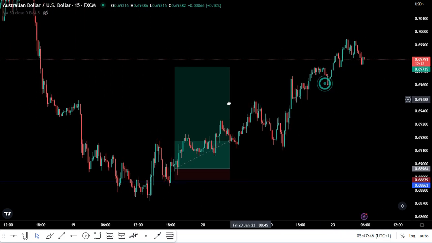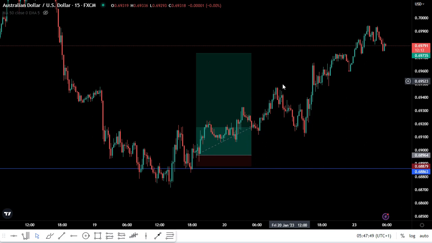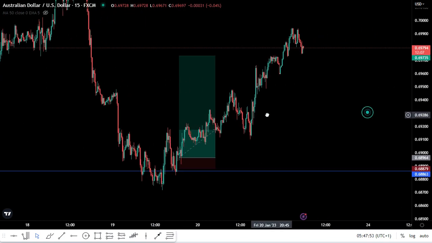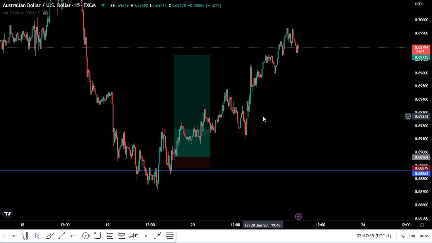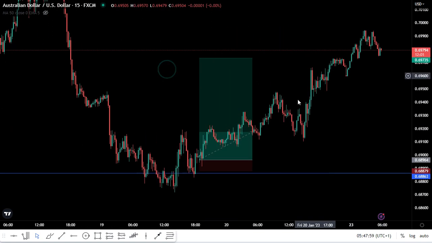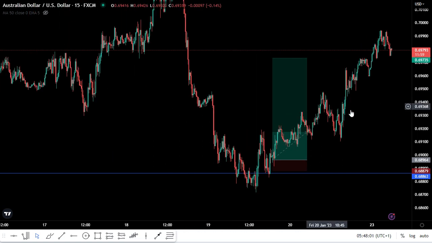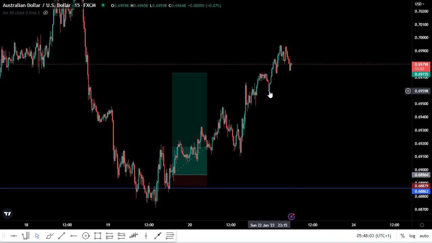So basically, in the previous video, the video just before this one, I shared this setup with you guys, and you can see the price plays out massively well, and is even still playing out, because I'm just seeing a retest after a pullback.